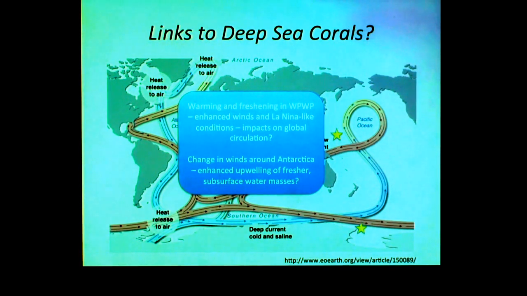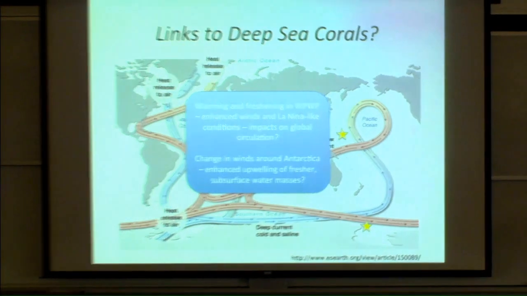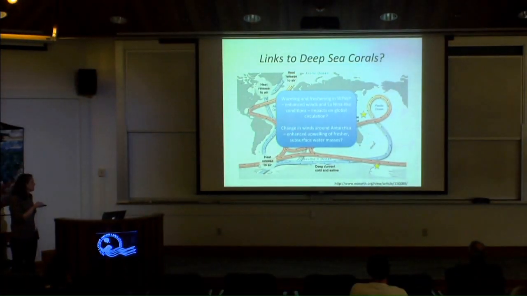Like I said, it's a really big leap, but we'll play around with it and see where it goes. That's just a couple of examples of some of the things that can be done with these types of corals.